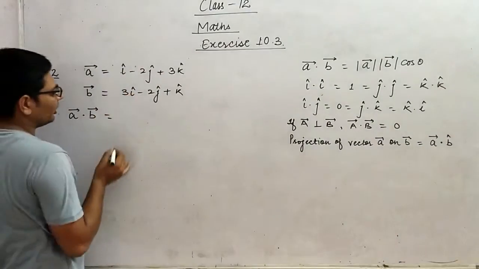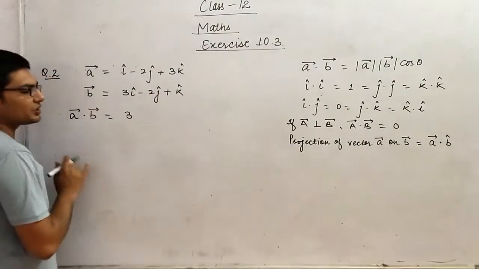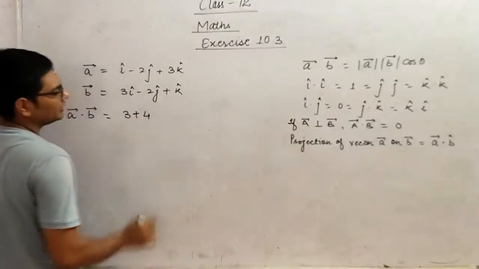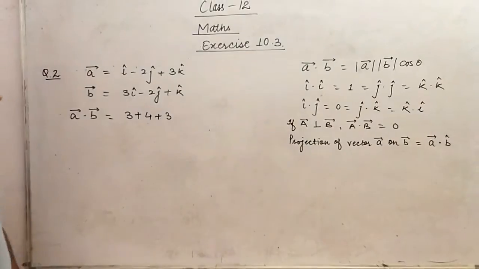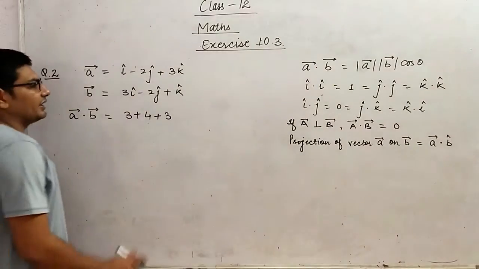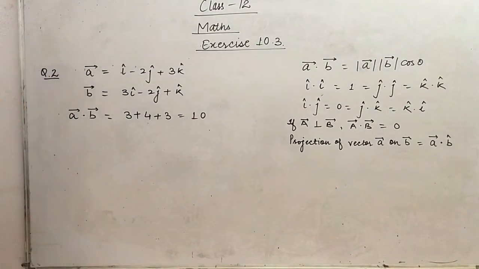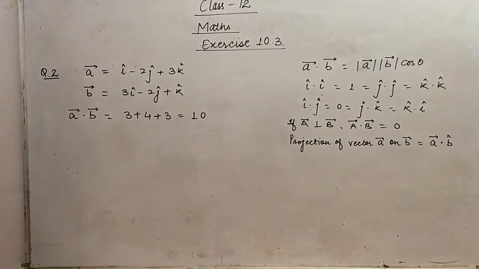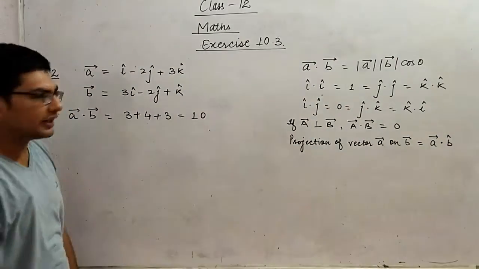i cap dot 3i cap will become 3, minus 2j cap dot minus 2j cap will become plus 4, and 3k cap dot k cap will become 3. So 3 plus 4 plus 3 gives you 10. Are we provided with the magnitude of a? Yes, if we are provided with vector a, we can easily calculate its magnitude.